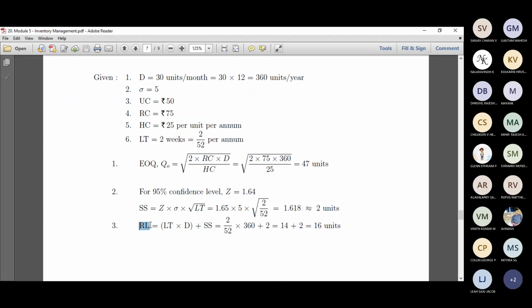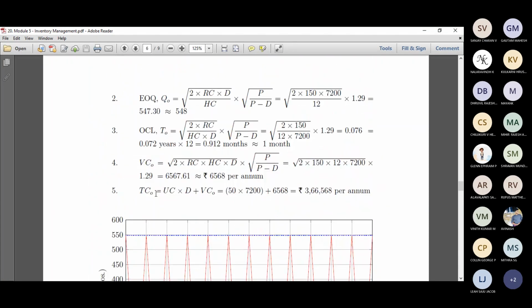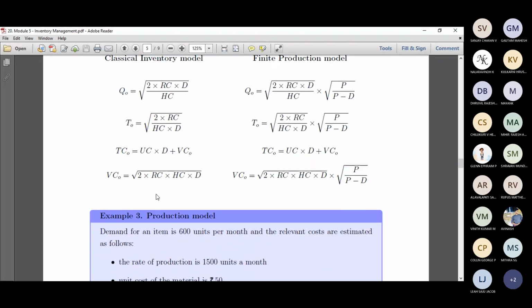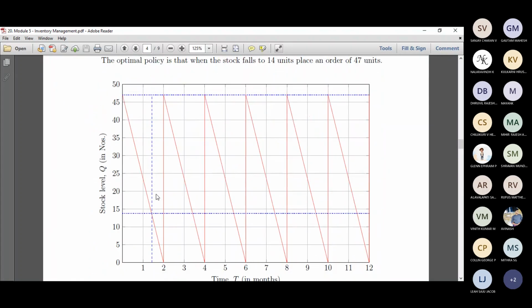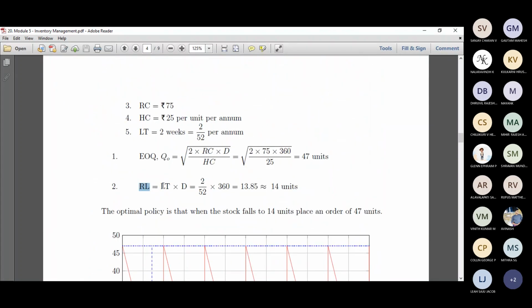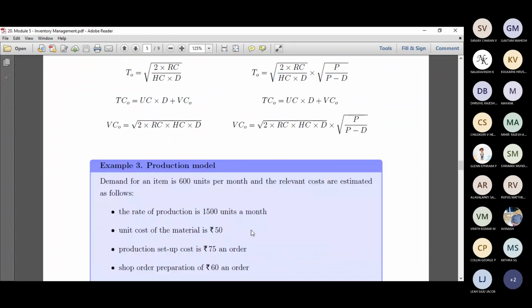Here the formula for the reorder level is a little different. In a deterministic demand, the reorder level is LT multiplied by D. Whereas in a non-deterministic or probabilistic demand, the reorder level equals LT times D plus the safety stock.